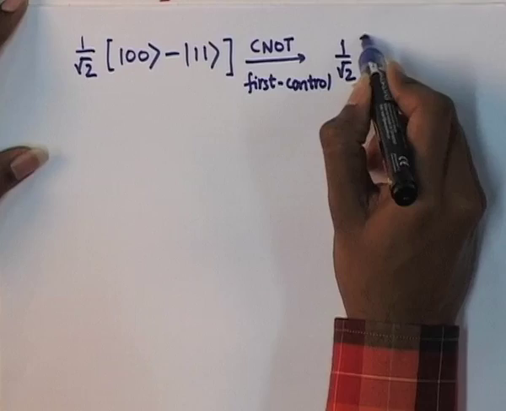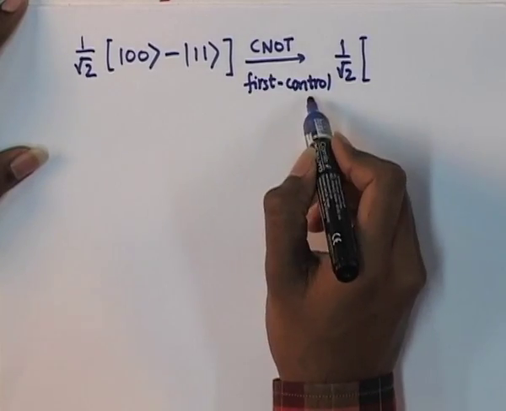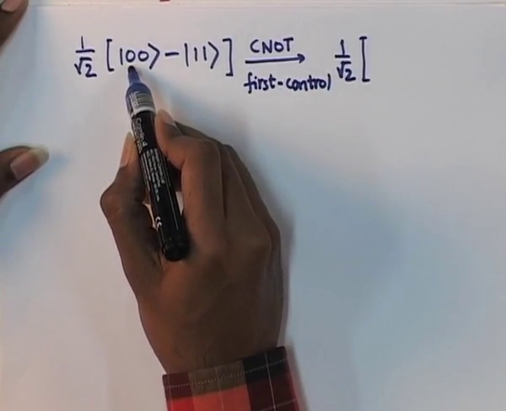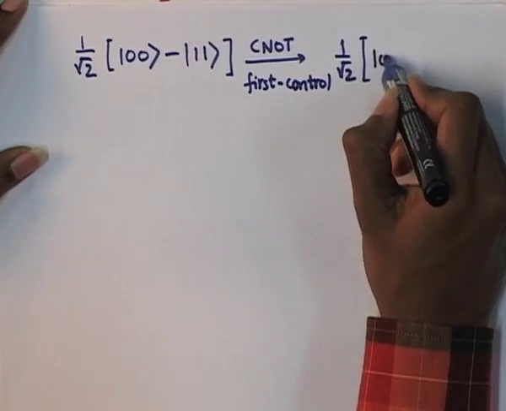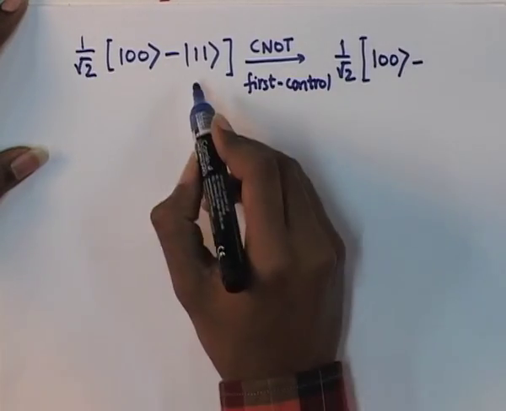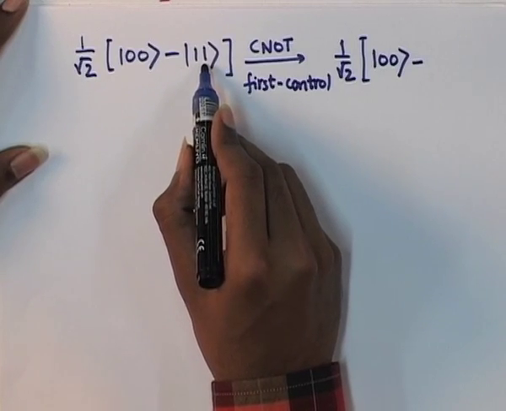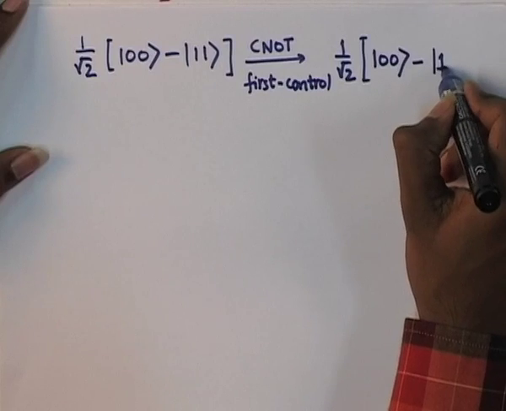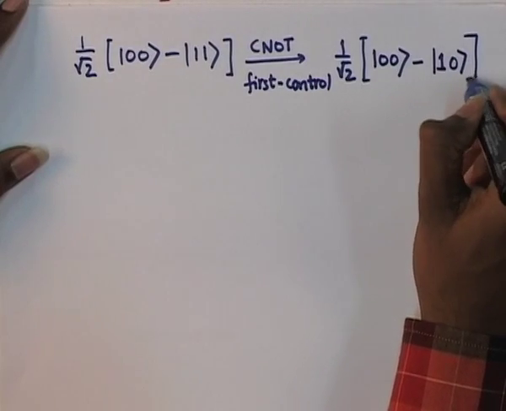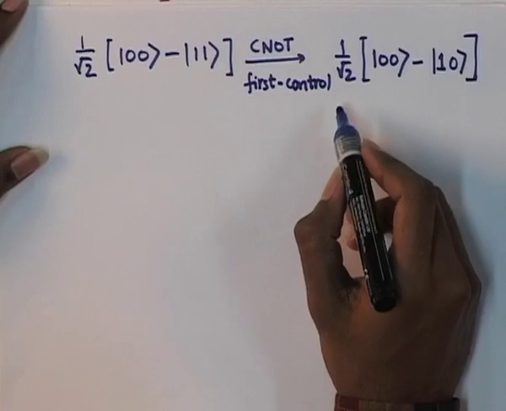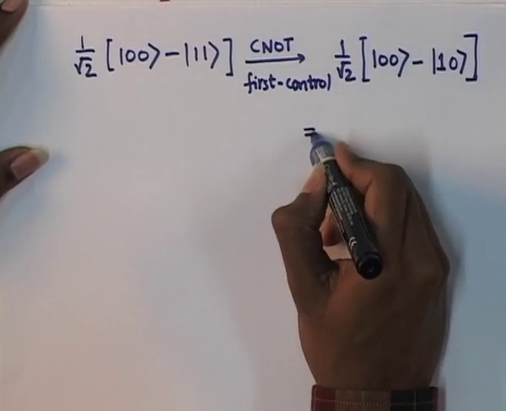As the first bit is the control bit and the first bit is 0, the second bit doesn't get altered. In the next state, where the control bit is 1, the second qubit gets flipped, that is 1 0, and this state can be written as follows.